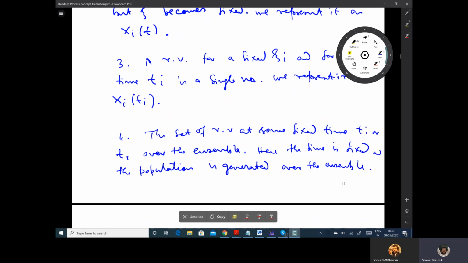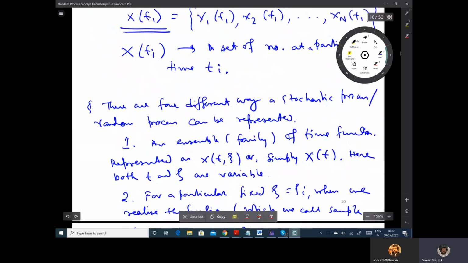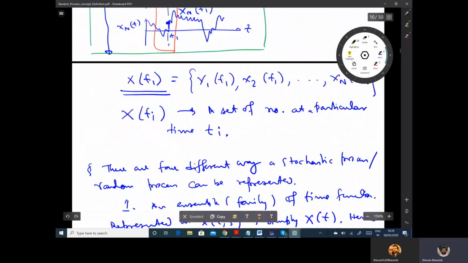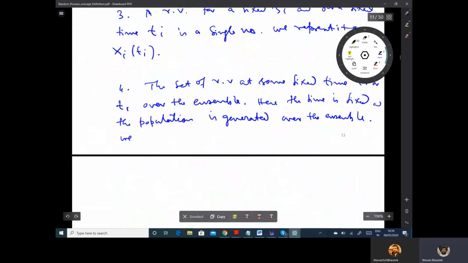So how do we represent it? We represent it as x(t_i) or x(t1), sometimes called x(t1).